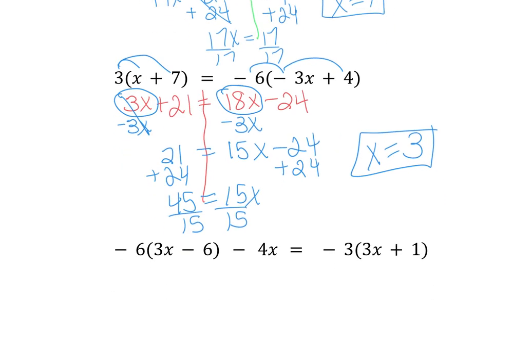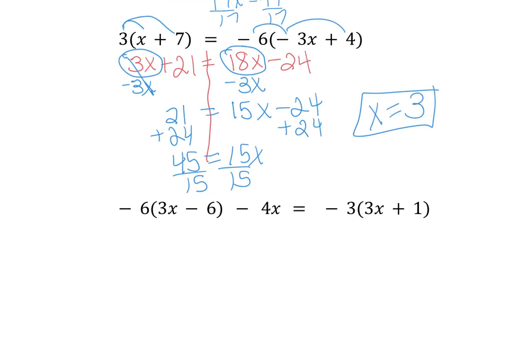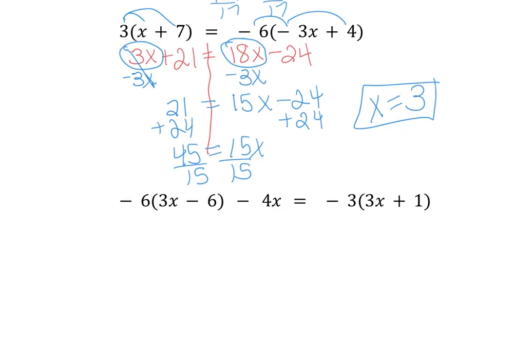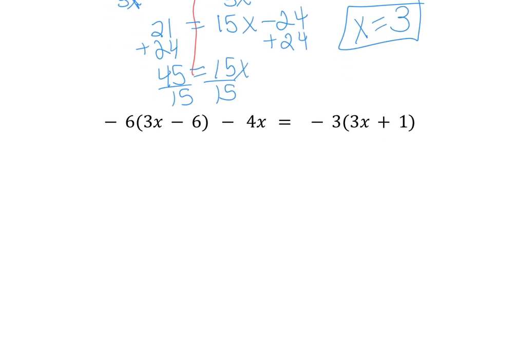Okay. Last example, we've got some distributing on both sides, and we have combining like terms. So let's be very careful with this one. Okay, so let's put our line down the middle. First thing I'm going to do is distribute. Negative 6 to both on the left, negative 3 to both of them on the right.